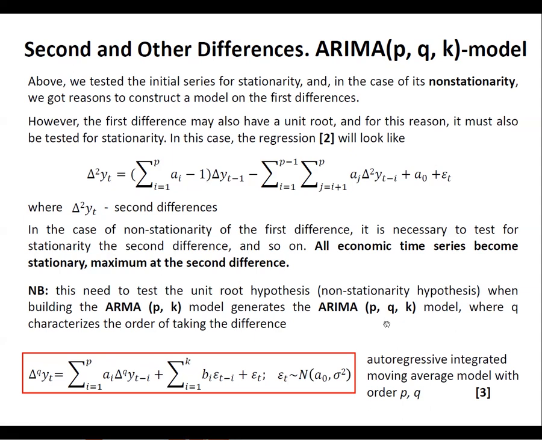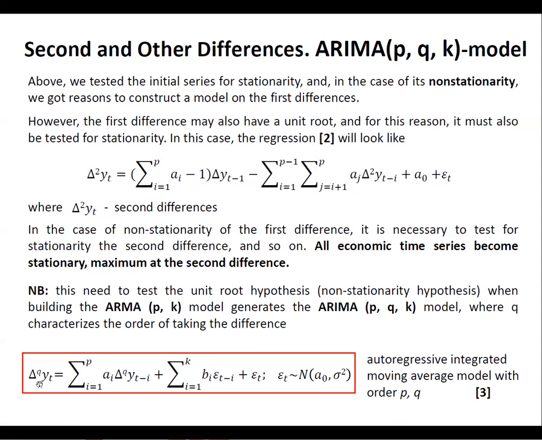Well, as a matter of fact, this ARIMA model is written in this way. If q equals 0, then this model is built on the initial yt data, and this is the moving average after the autoregressive model is built. If q equals 1, then the ARIMA model is based on the first differences.